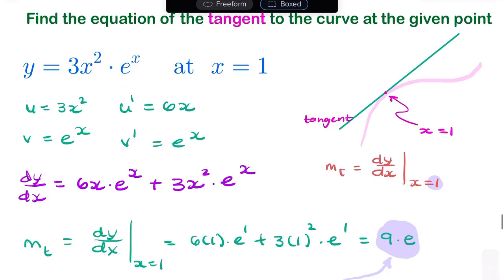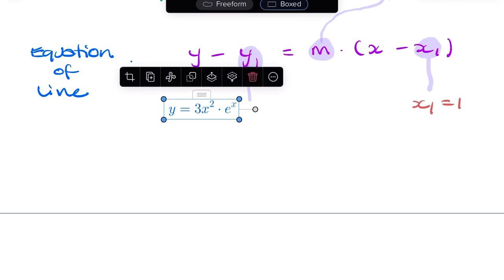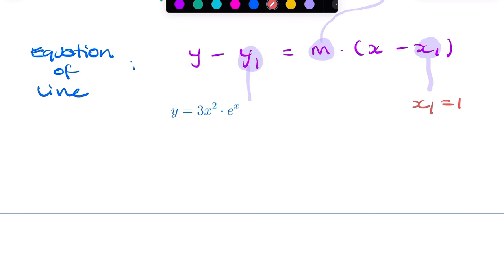So I'm going to write that out here. So y, or in our case, let's call it y1, will be 3 times 1 squared times e to the power 1, and that's just going to be 3e.